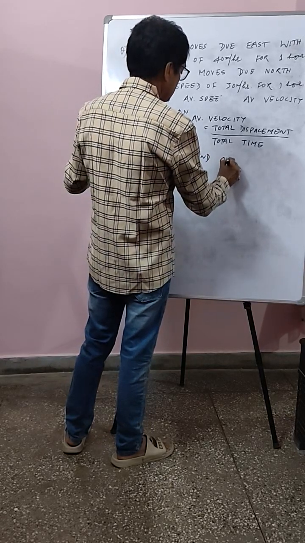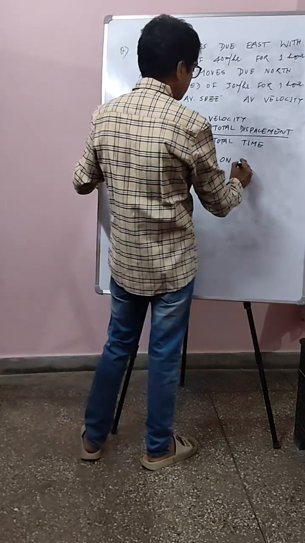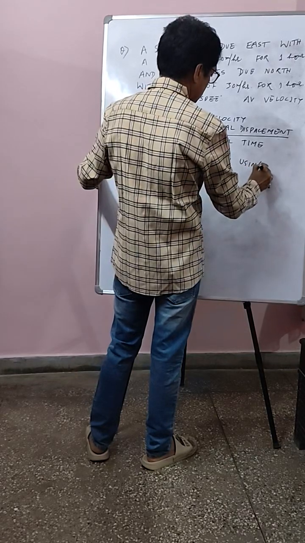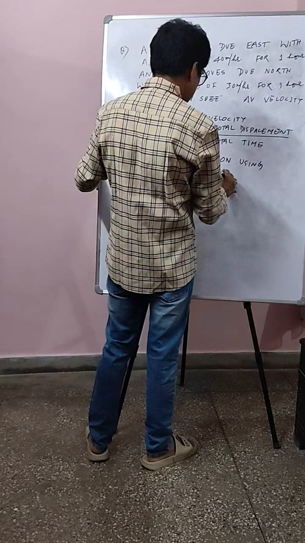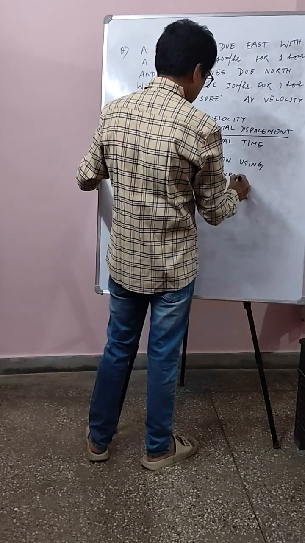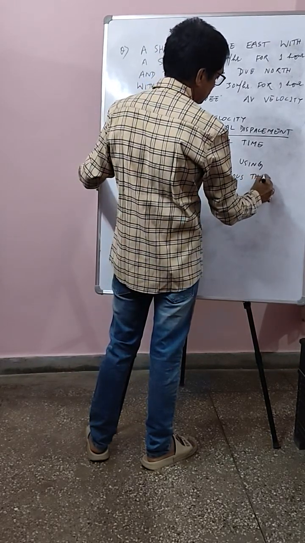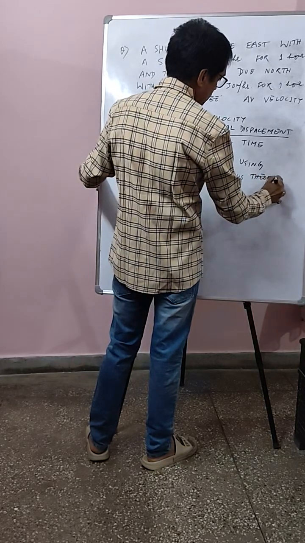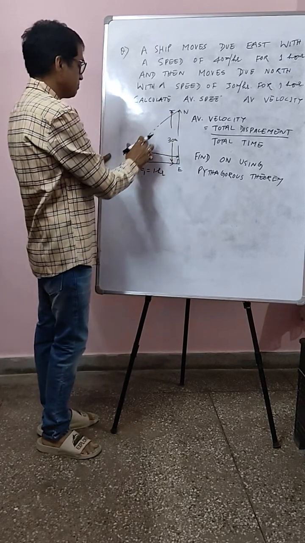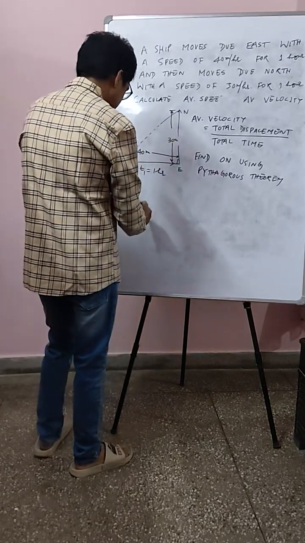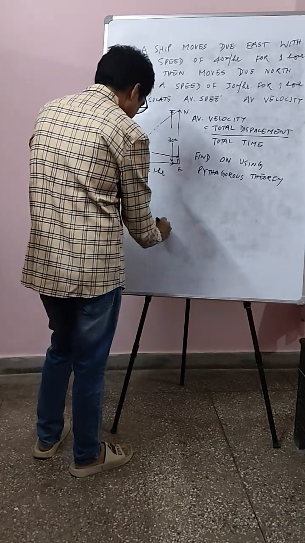Find ON using Pythagoras theorem. We have to find this length, the hypotenuse, using Pythagoras theorem. Okay, let me redraw for more clarity.